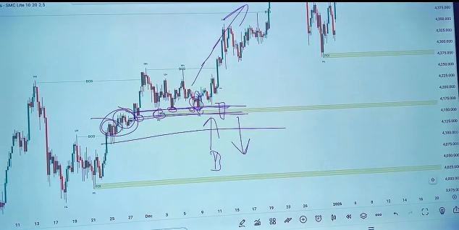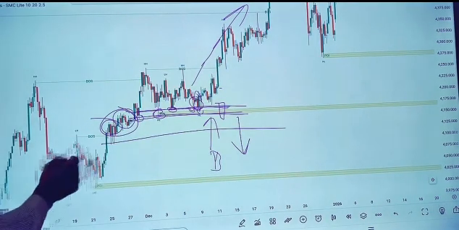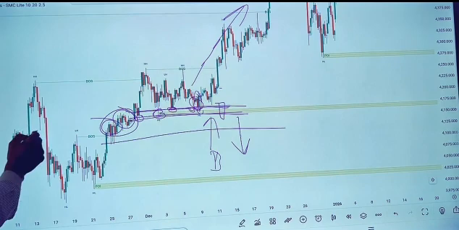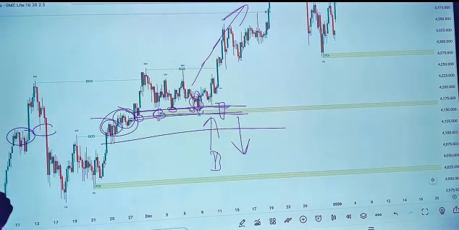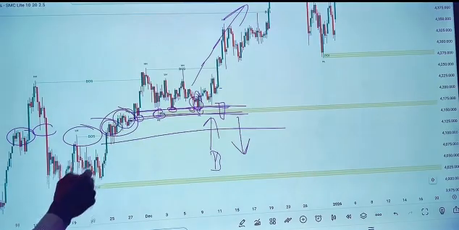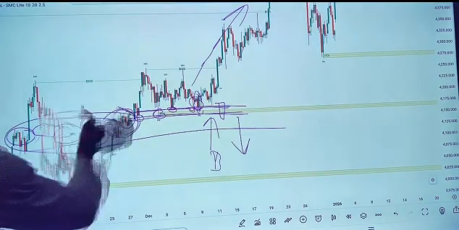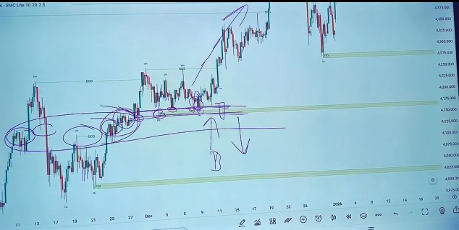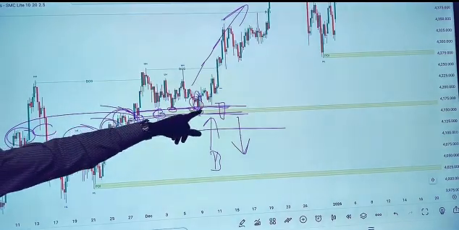It wasn't rejected only at this zone, it was rejected at this zone as well. So the whole of this zone is a rejection area, which can support your entry at this level.